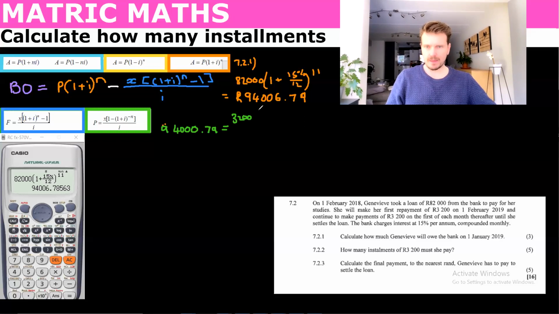And then it's square bracket 1 plus the interest of 15% over 12. You can put that as 0.15 as well if you are so inclined. To the minus n is what we don't know. So let's put that in red.